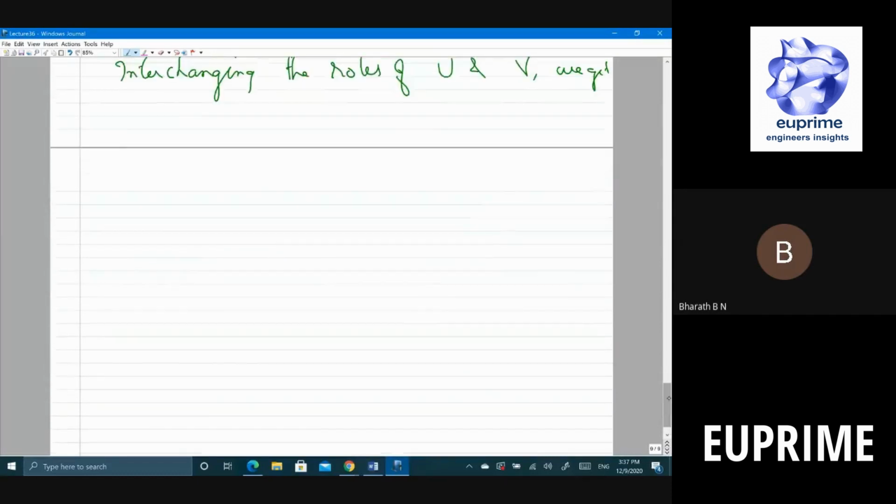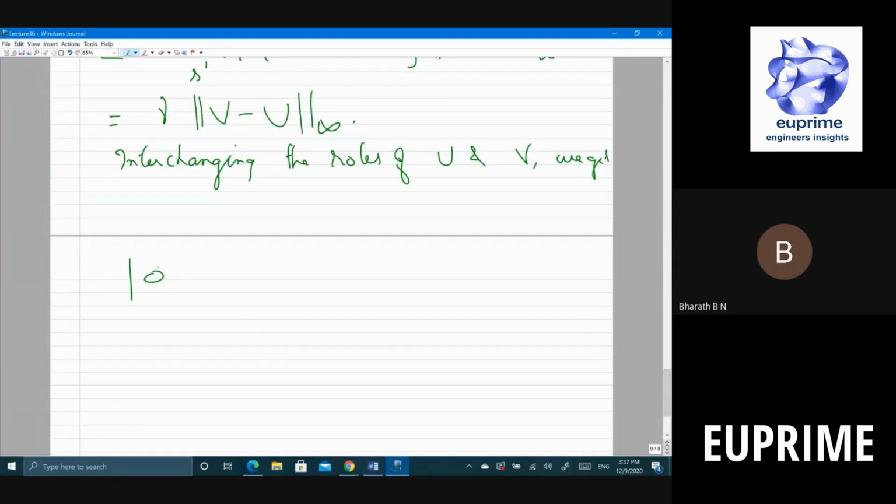So therefore, it results in phi of v minus phi of u, norm. Of course, I'll take the infinity norm, is less than or equal to v minus u infinity norm. So that proves the Lipschitz continuity, right, of the function phi. Is that okay? Yes, sir.